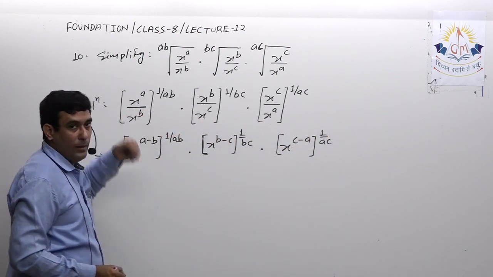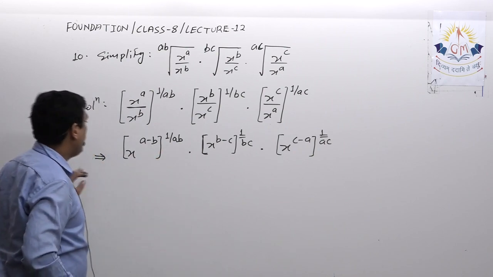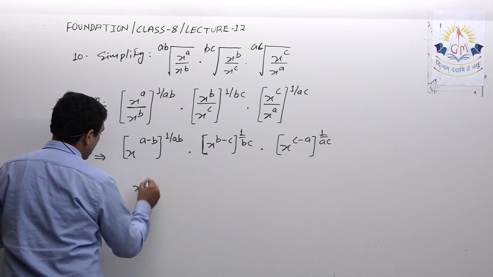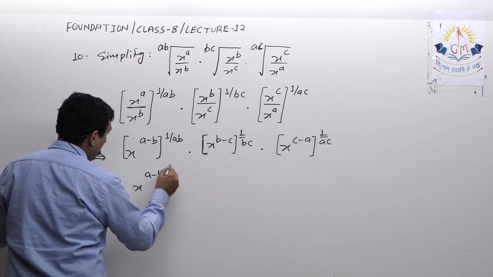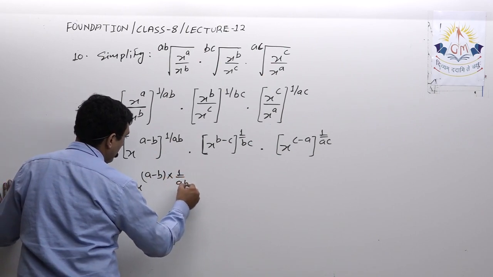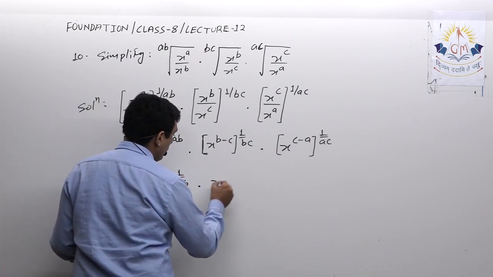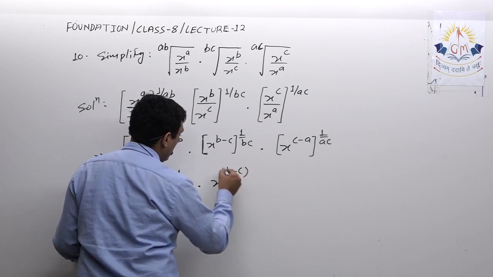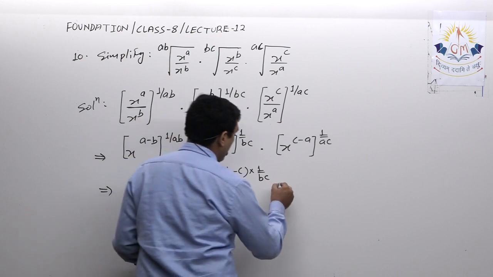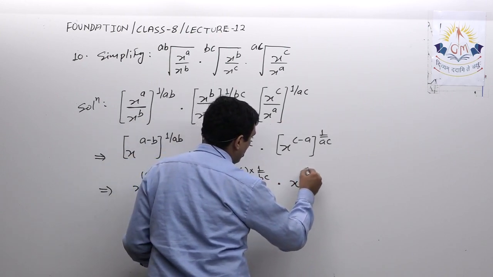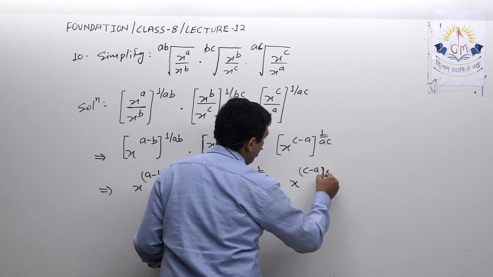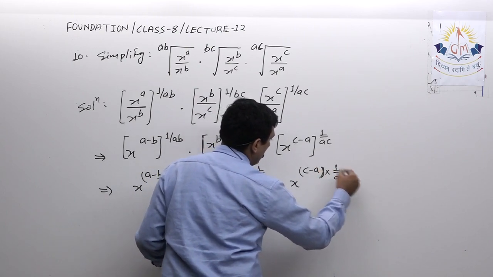Okay, quotient law. Now I'll apply the power law, power to power. So this will become x raised to A minus B multiplied by 1 upon AB, x raised to B minus C multiplied by 1 upon BC into x raised to C minus A multiplied by 1 upon AC.